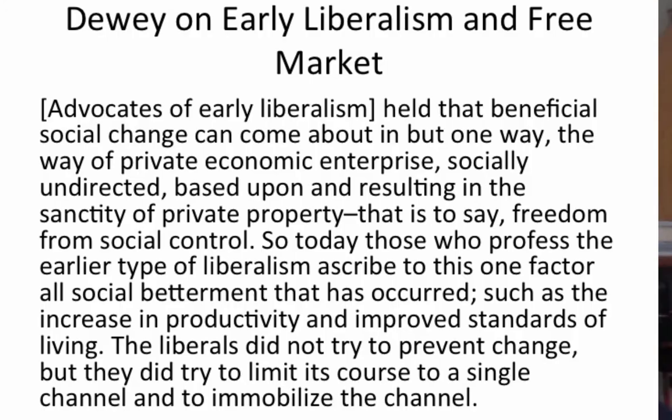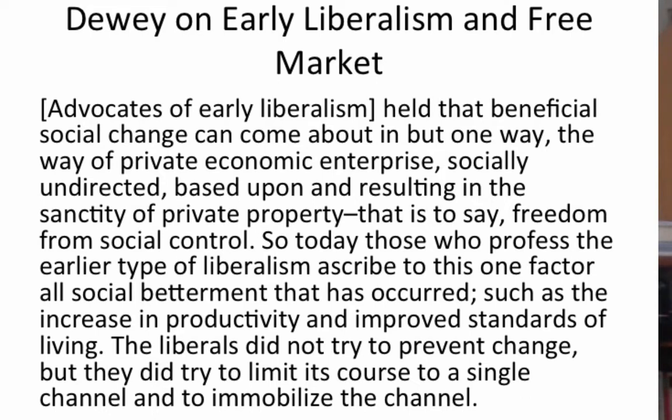Advocates of early liberalism held that beneficial social change can come about in only one way: the way of private economic enterprise, socially undirected, based upon and resulting in the sanctity of private property, that is to say, freedom from social control.